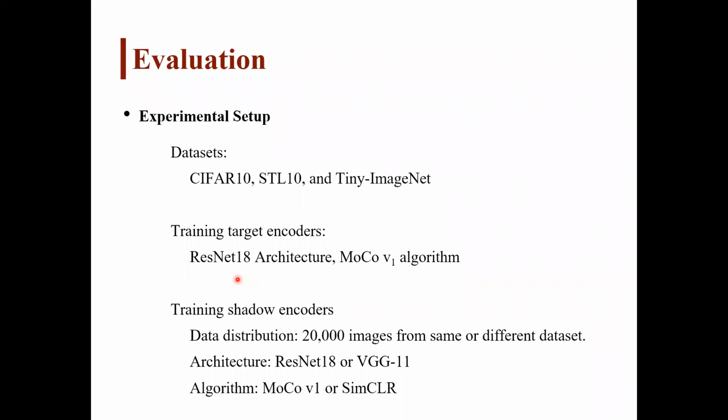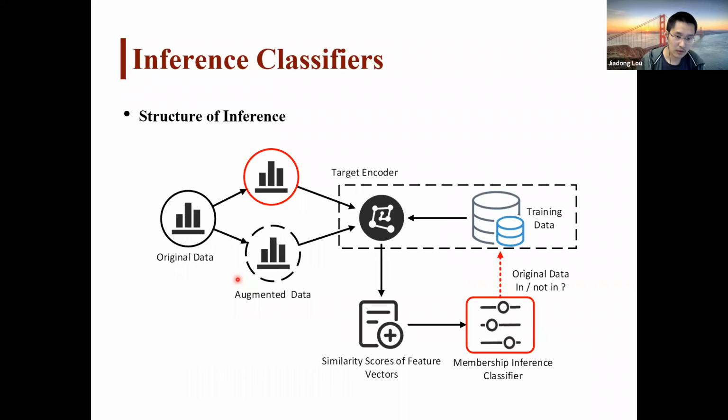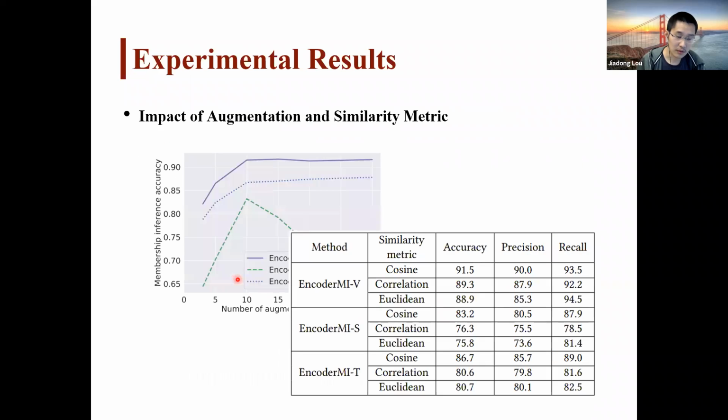So I asked. When they calculate the similarity, they use different similarity metrics, and they do not mention details about this. They just say they use cosine or others to calculate this.